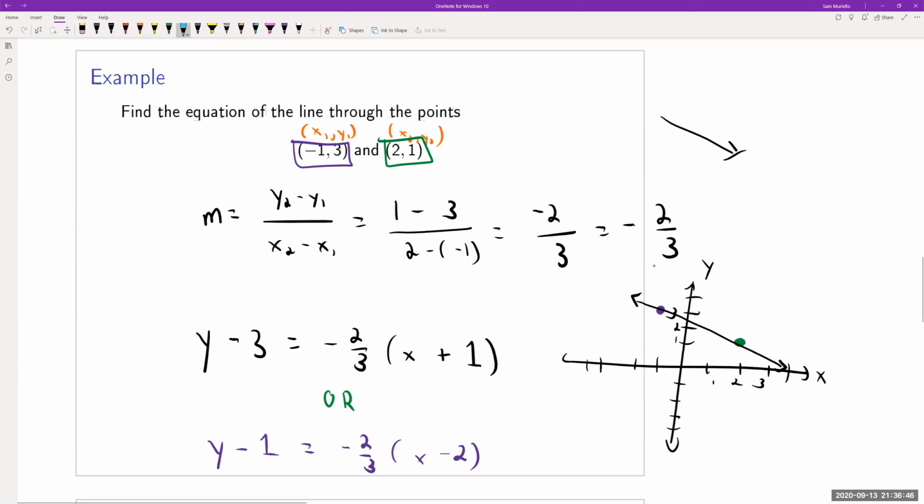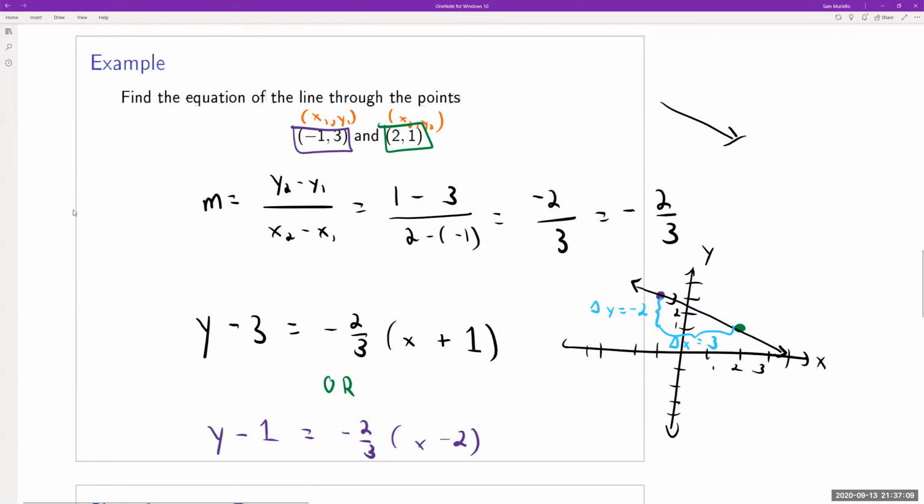We can observe the slope here. Down 2 for the delta y, and delta x is to the right 3. So that's where we can see the slope show up. And again, either point is perfectly correct to use in the equation.